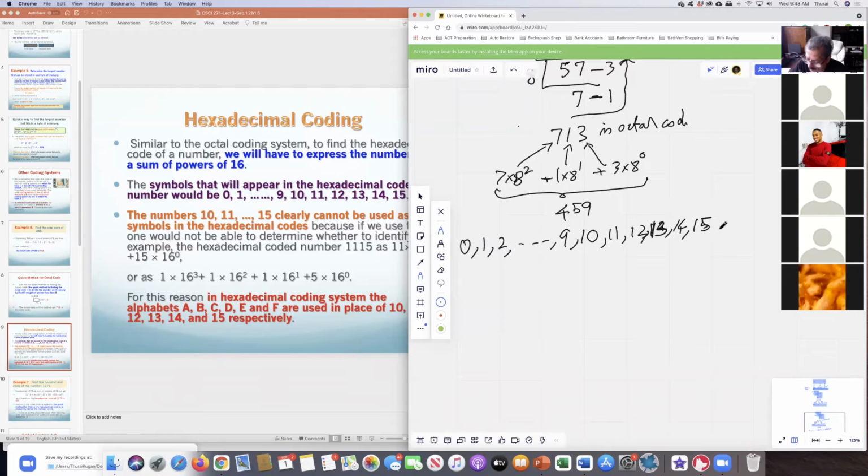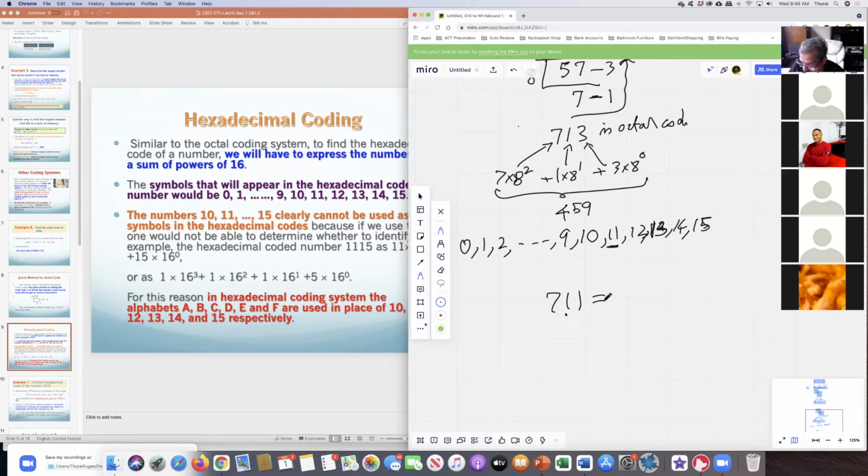So if you write a number in hexadecimal code and allow these digits, if 11 is a digit and you write the number 711, this 711 can be interpreted as seven hundred eleven, right? So it's confusing.